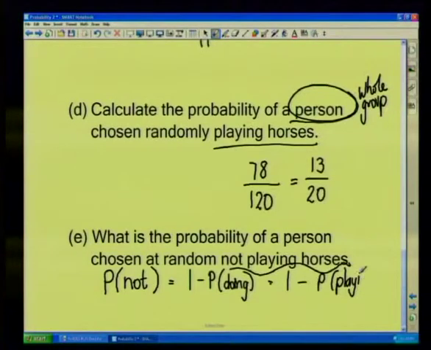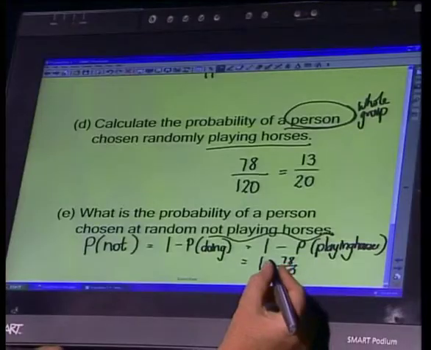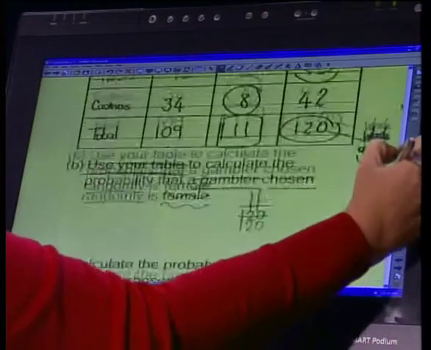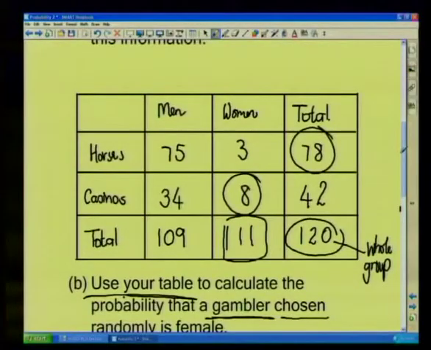And as you can see in the previous question, we were playing the horses and we had 78 out of 120 people. So it's basically going to be 1 minus 78 over 120. Again, you can use your calculator, but you should also be able to see very clearly that if 78 played the horses and there were 120 people altogether, we can go back to our table and say, okay, if 78 played the horses, 42 people didn't play the horses.